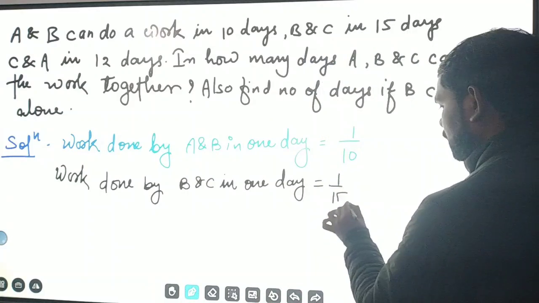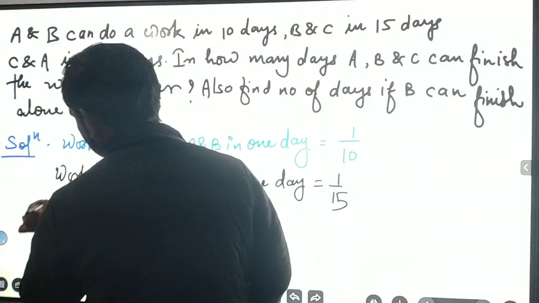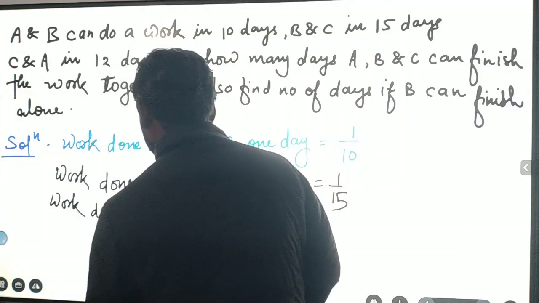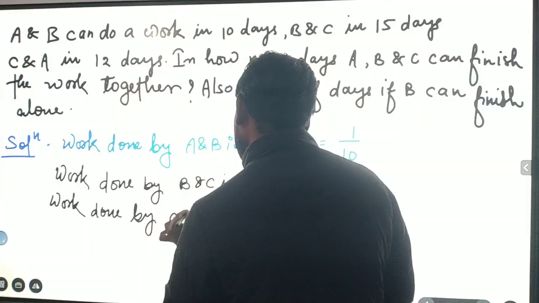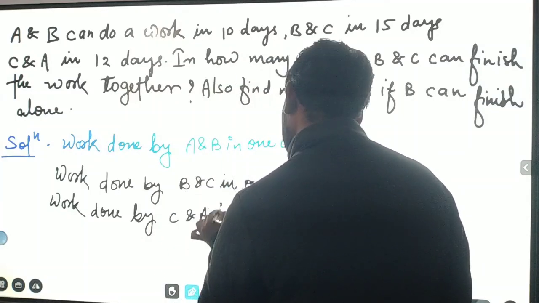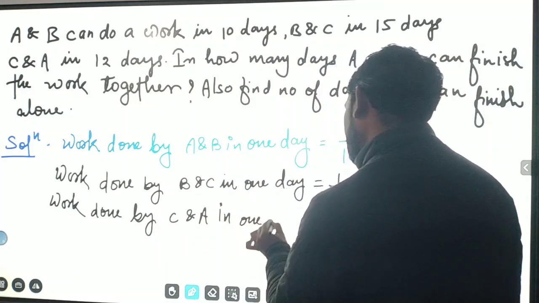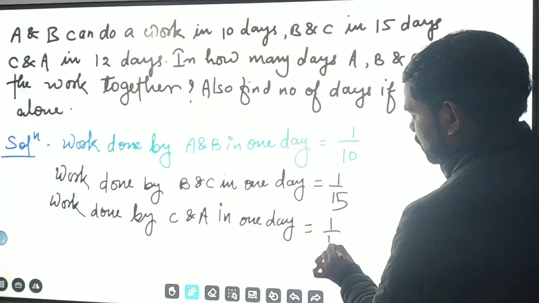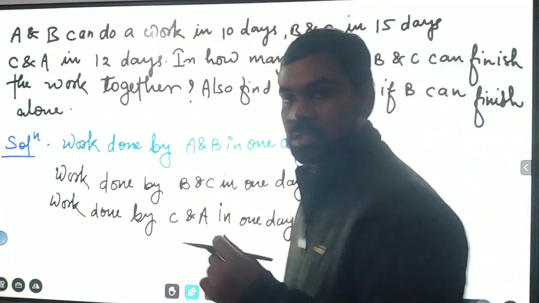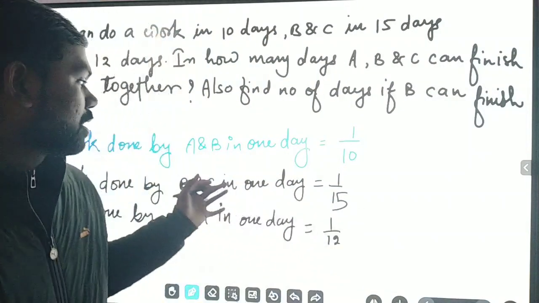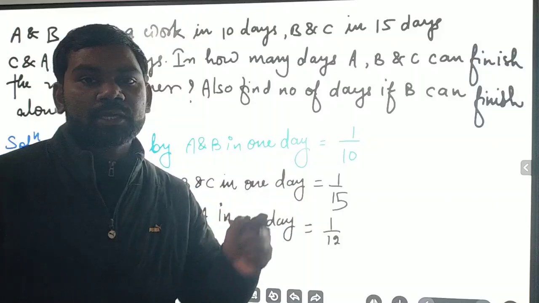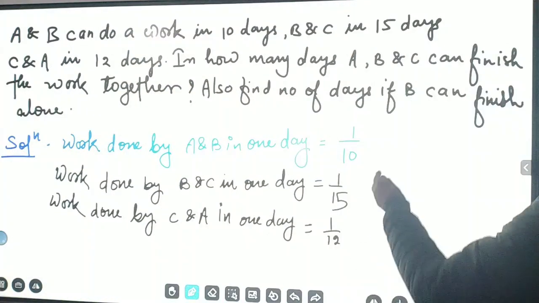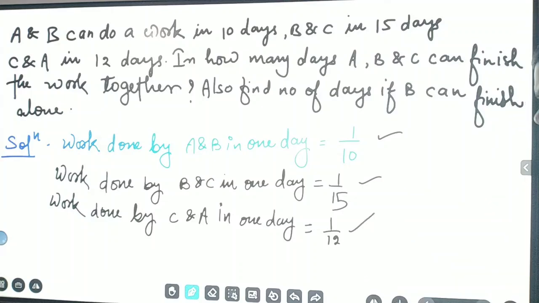The third is work done by C and A in 1 day, and this will be equal to 1 upon 12. So the work done by A and B, B and C, C and A respectively in 1 day are 1 upon 10, 1 upon 15 and 1 upon 12.